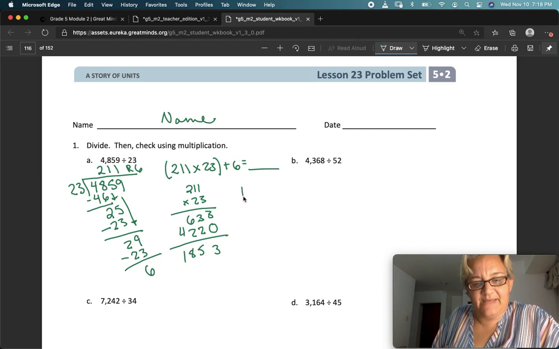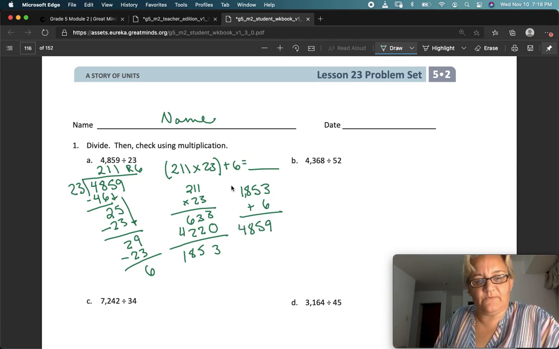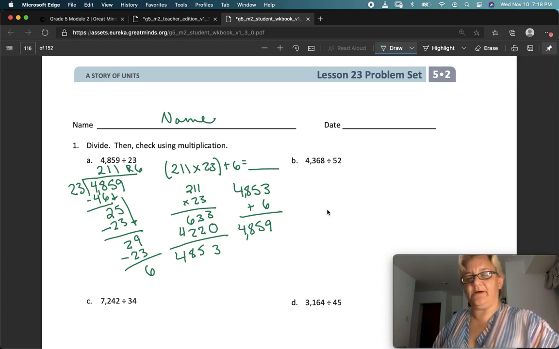Then I'm going to take that number, 483, and add my remainder, which was 6. And I should get 4,859. 4,859. Great. So I checked my work and it worked out.